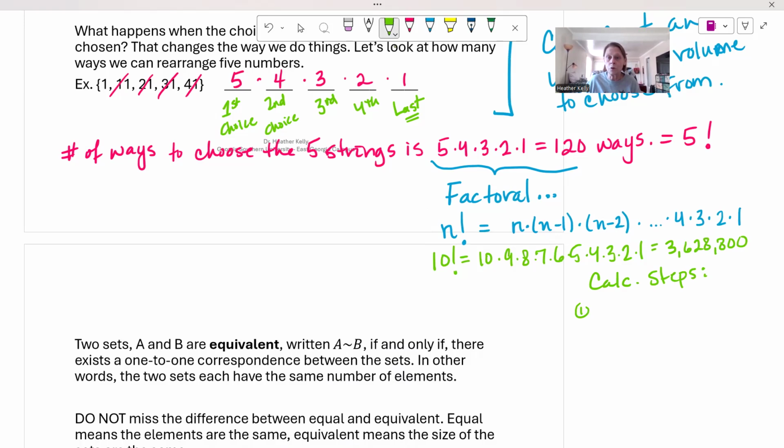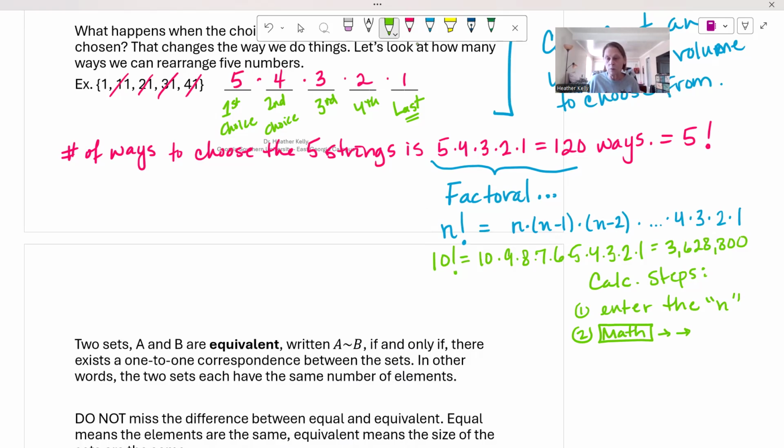And the calculator steps are, first thing is you, oh goodness, I'll be glad when this lecture is over today. Enter the n. Then you're going to hit the math button, and you're going to arrow over to the probability.